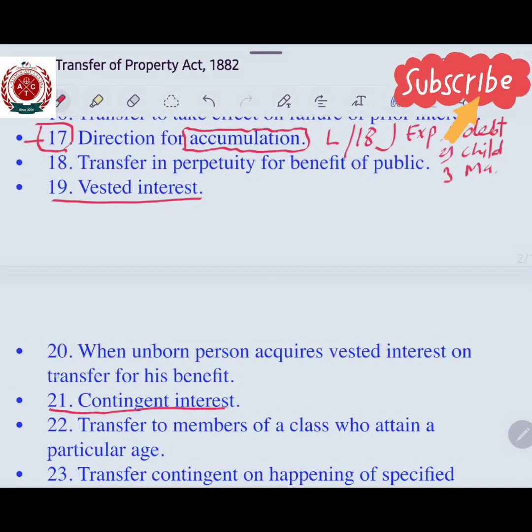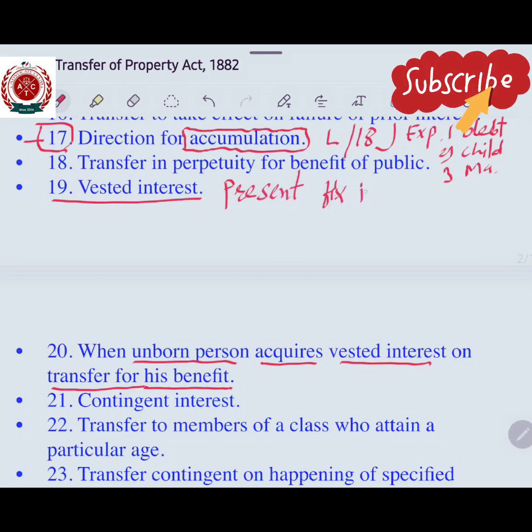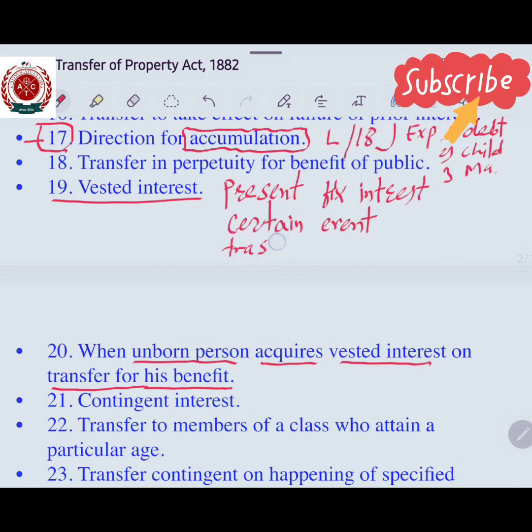As we have already discussed, section 20 deals with an unborn person acquiring vested interest upon his birth, for whose benefit the transfer was made. First, vested interest: it is a present fixed interest, and upon the happening of a certain event, it can be transferable, and it is heritable, and also attachable in execution proceedings. These are the essential points for section 19.